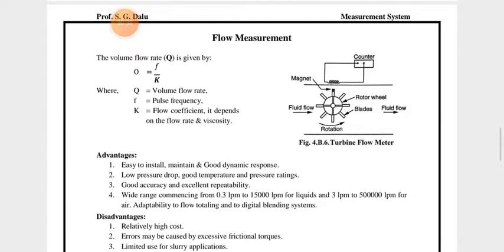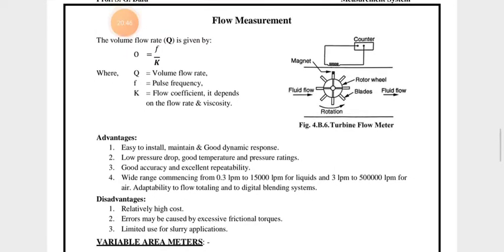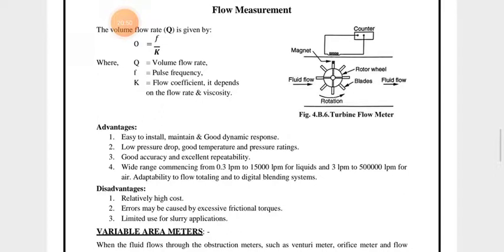Okay. So the advantages of turbine flow meters are: easy to install and maintain, good dynamic response, low pressure drop, good temperature and pressure rating, good accuracy and excellent repeatability, wide range from 0.3 lpm to 15 lpm for liquid and 3 lpm to 5 lakh lpm for air, and adaptability to flow totaling and to digital systems. The disadvantages are: relatively high cost, error may be caused by excessive frictional torques, and limited use for slurry applications.